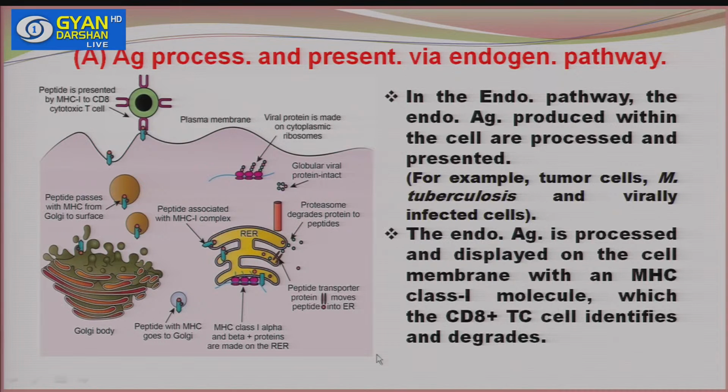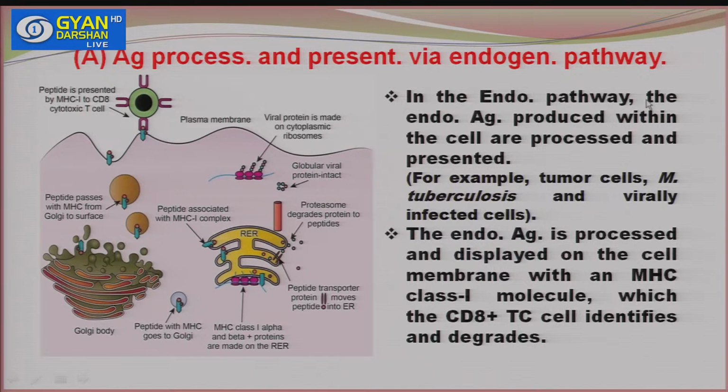You can see the antigens and the viral proteins here. They will enter inside the cells. Here the cellular proteins are intact. They will move, and ultimately they will display it.